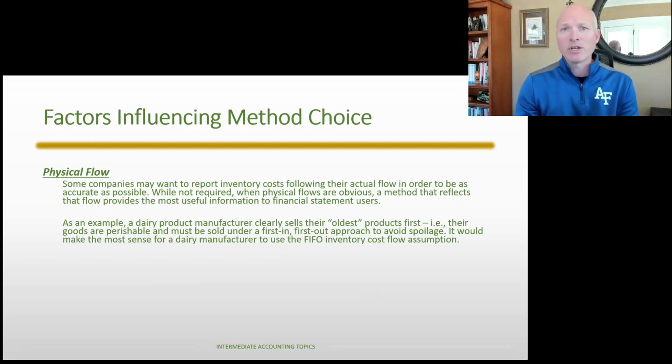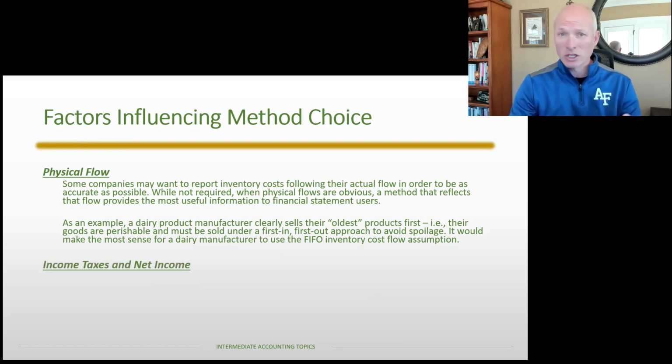It's very common to say, okay, well, let's let our inventory cost flow assumption reflect the actual flow of our goods. And so a lot of times FIFO is going to be the one that most closely resembles the actual flow of goods. And so if you're trying to just follow that physical flow, many times, not every time, but many times you're going to use that FIFO cost flow assumption.